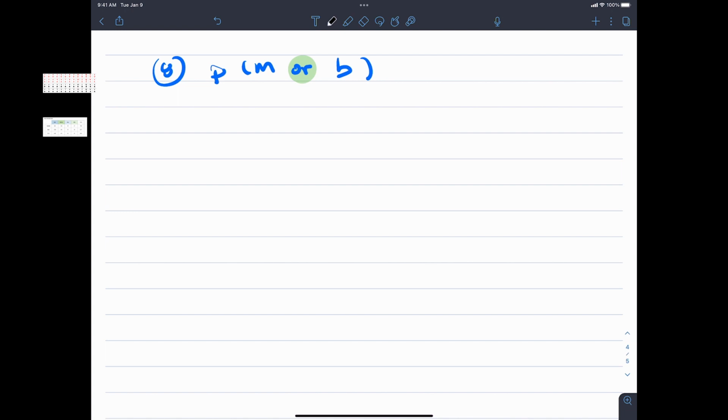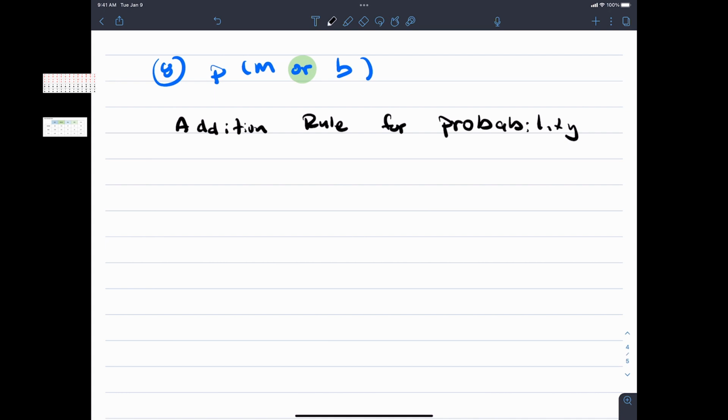When you have the word or, we use what's called the addition rule for probability. And I'm going to prove that one to you guys as well. So typically when I ask these kind of questions, this is the trap people fall into. Not knowing the difference between the word and the word or.